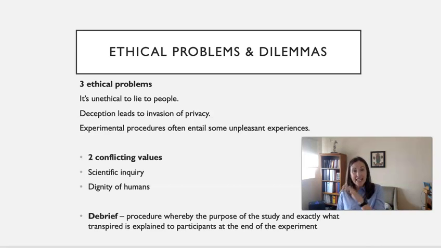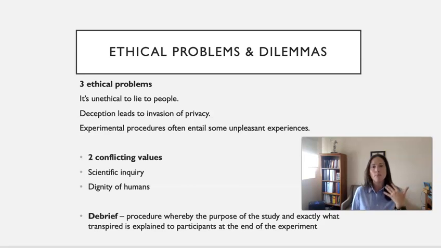And then if you are lying to them and then making them go through something uncomfortable, unpleasant, that they didn't agree to, that is unethical. If they didn't agree to undergo something unpleasant, it's unethical to make them go through that.